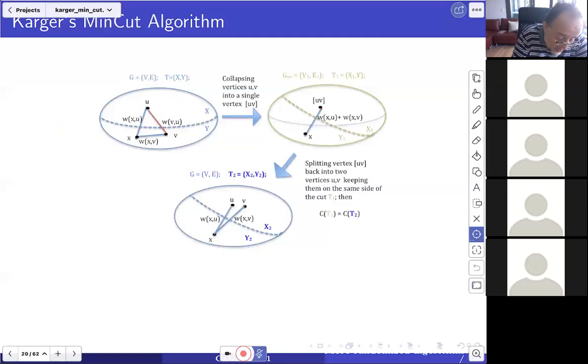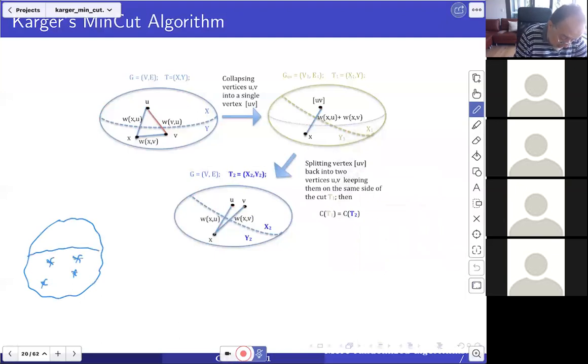So the minimum of the set here can only be smaller than the minimum here. So how to think about that? Let's say we record here the numbers that are the capacities of the min cuts.